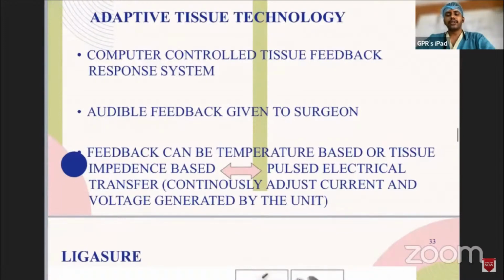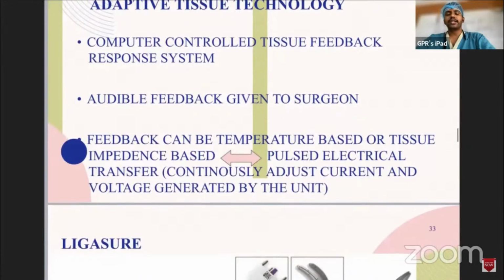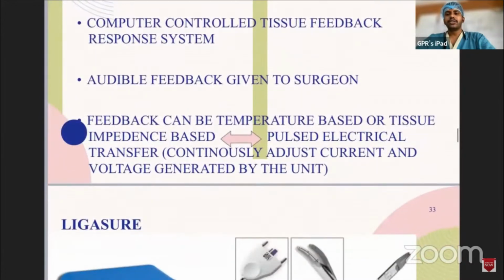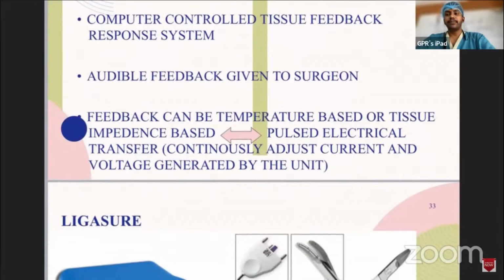Some energy devices are even more advanced, such that they can stop the electrosurgical energy flow by themselves since the tissues have done their function. This feedback can be either energy temperature based or tissue impedance based. The pulsed electrical transfer happens in a continuous way, and the current and voltage generated by the unit have feedback over it.